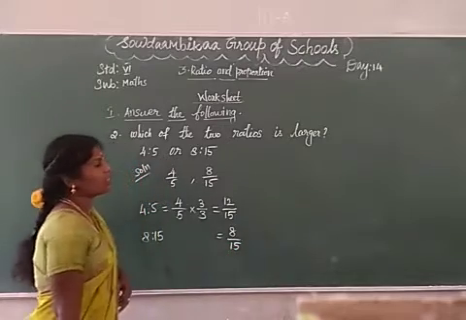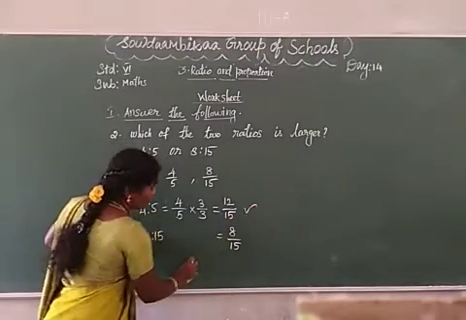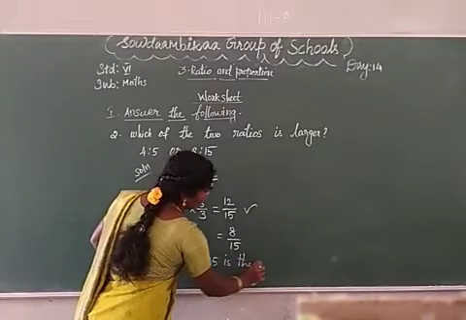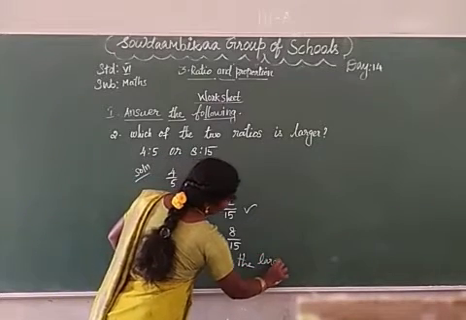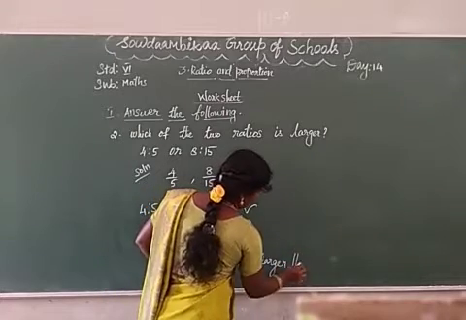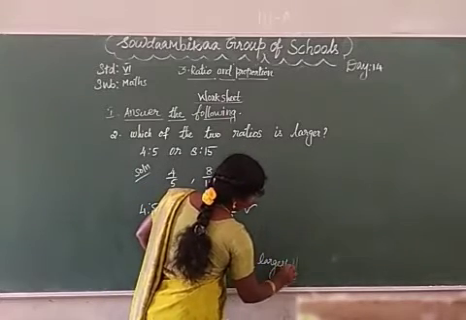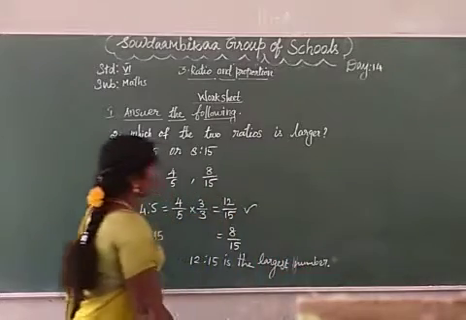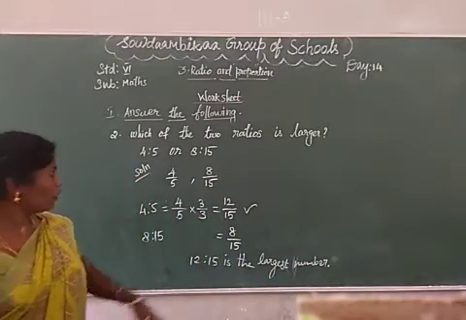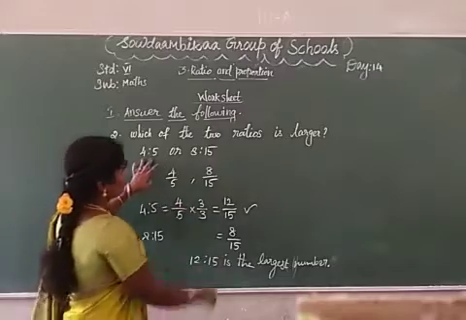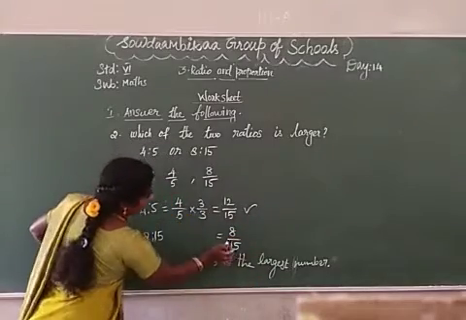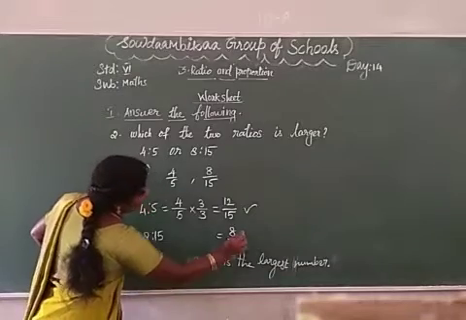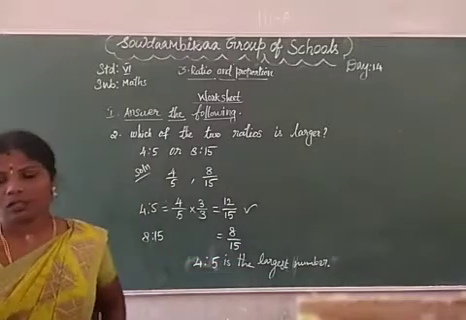Which one is the larger number? 12 is to 15 is the larger number. So 4 is to 5 is the larger ratio. Okay.